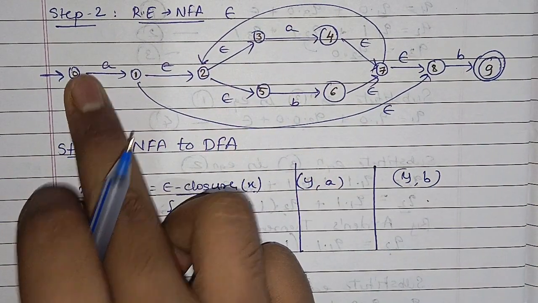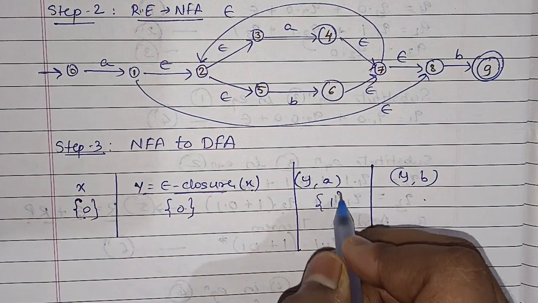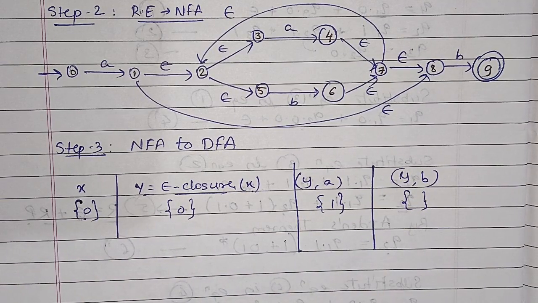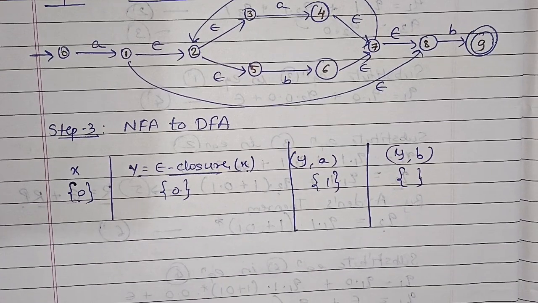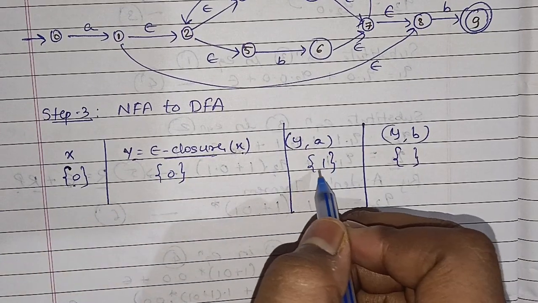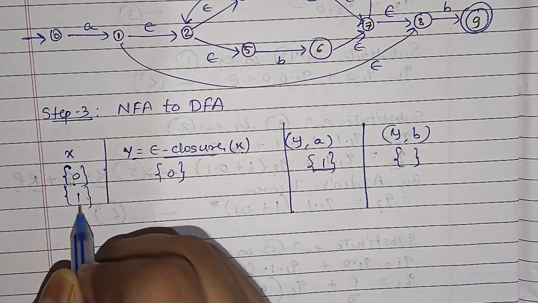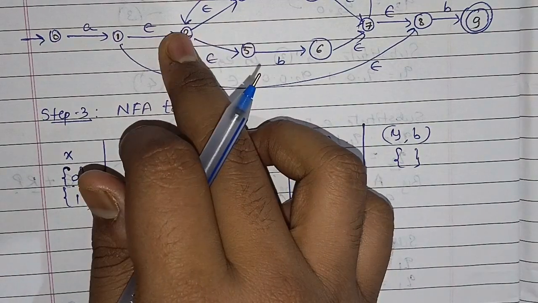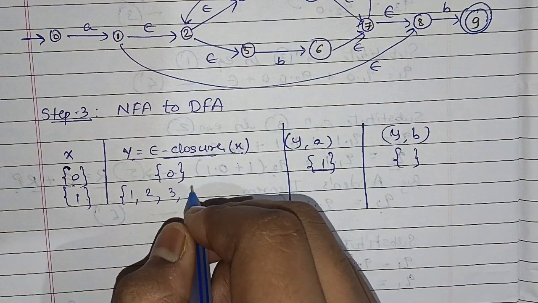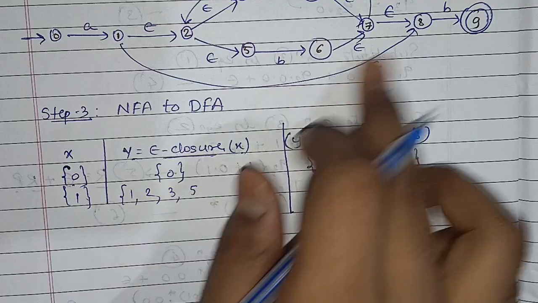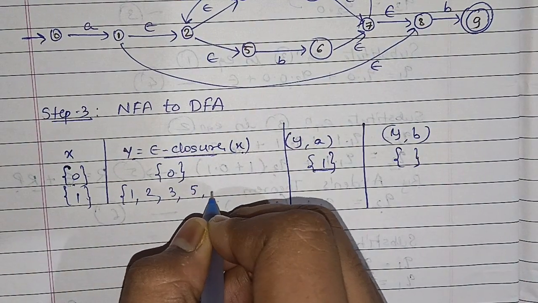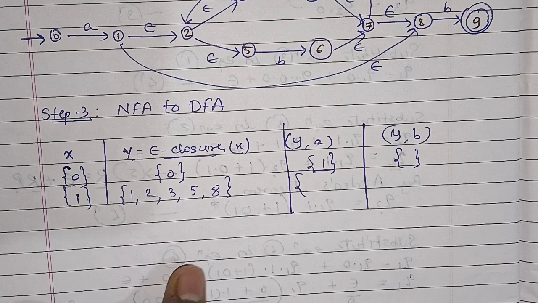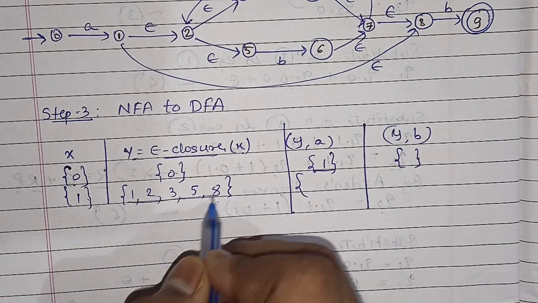If I give 0 A, it will give me 1, and on B, null. Okay, now see, this is a unique combination. I will take this one; its epsilon closure is 1, 2, 3, 5, and from 1 there is 8.